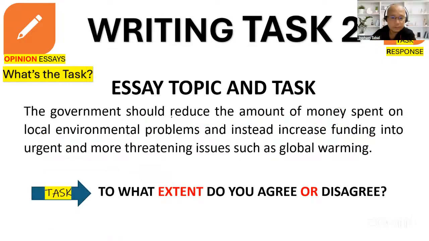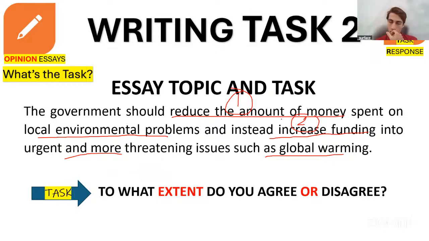Reduce the amount of money, and increase funding to these issues. Example is global warming. So they have to give their opinion to this and to this, correct? And give details, right?